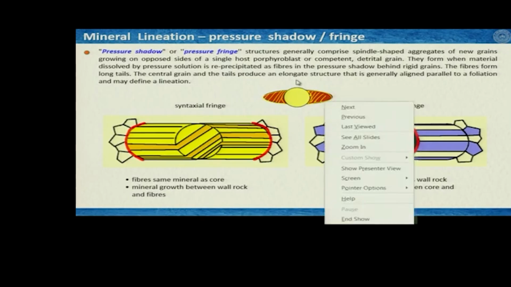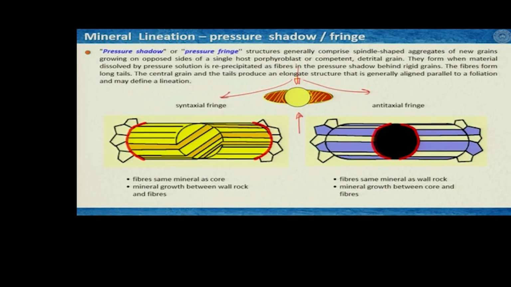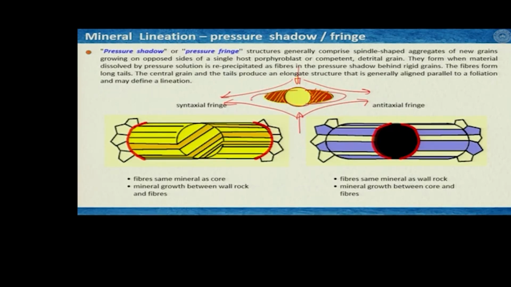In other words, if you have deformation in this manner, then everything flows this way, if you remember the flow path of the pure shear. So, clearly because this is rigid, you have a shadow zone here like this.